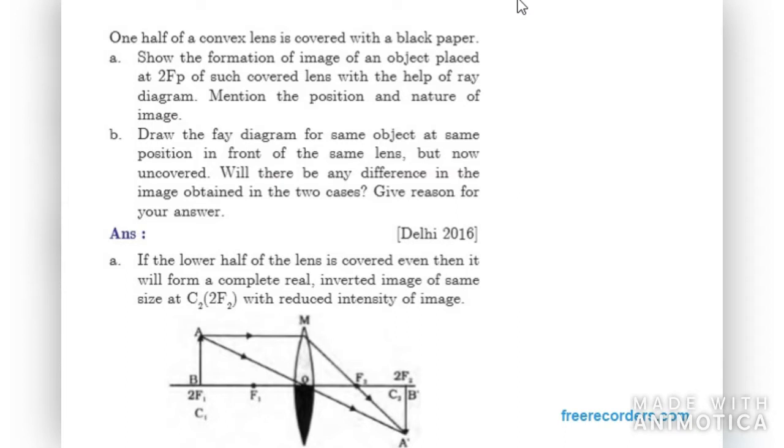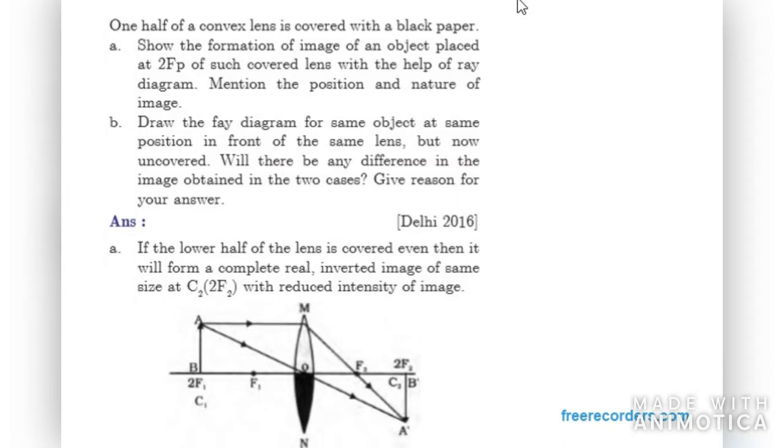One half of the convex lens is covered with a black paper. As you can see on your screen, we have a convex lens and one half is covered with black paper. Show the formation of the image of an object placed at 2f1 with the help of a ray diagram, and mention the position and nature of the image.